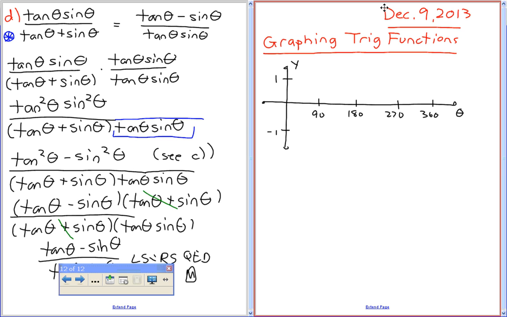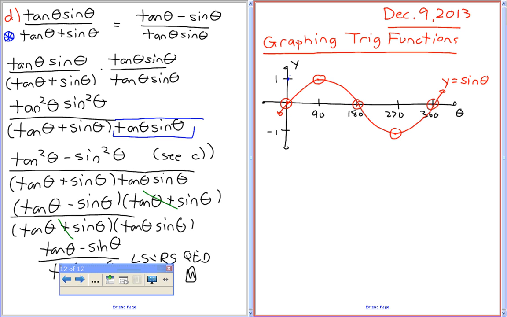What actually happens, I'm going to draw this quickly. This is the graph of y equals sine theta. And our next graph is cosine theta.